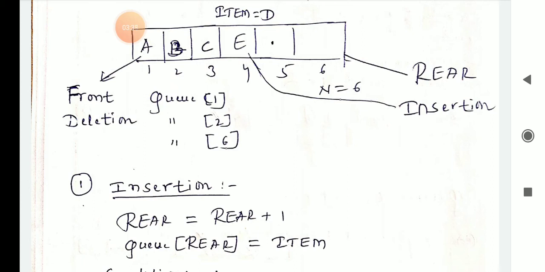For that purpose I write Q of rear is equal to item. Assume the rear holds some element, E. If I want to add one more value, I write rear equals rear plus 1, then Q of rear equals item. That means the item value should be D. This is the first step.